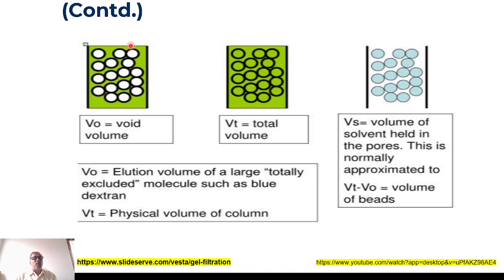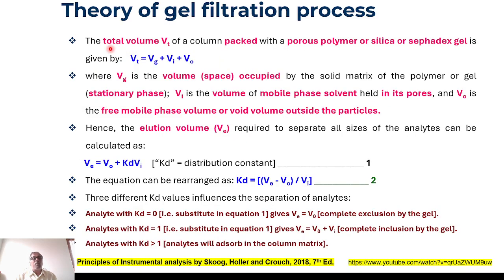Please observe this green color: the mobile phase occupying the space between the gels. This volume is termed the void volume or VO. So you have to remember the three volumes. The entire column is occupied by stationary phase based gels, VG.